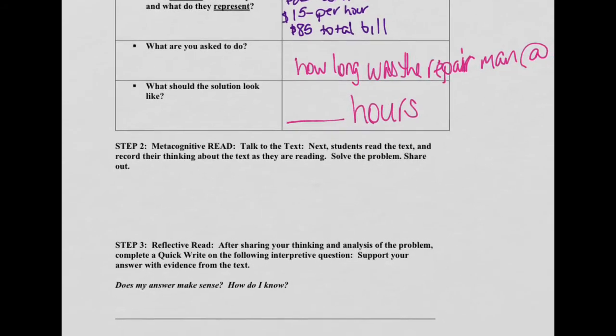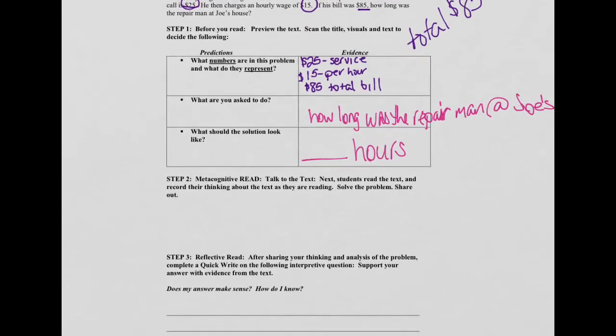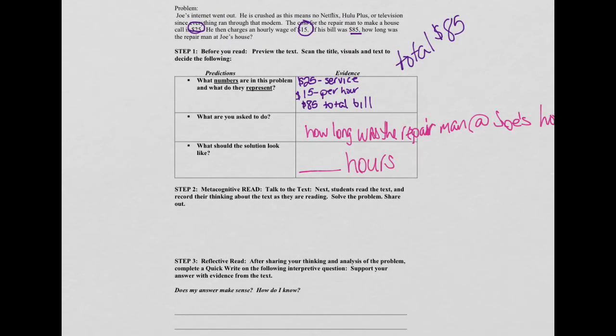Okay, so I need to create an equation. Well, I know if my total money being spent is $85, whatever it is going to equal $85. Then I have to look at my other two numbers. A service fee. Is a service fee something that's charged every hour? Or is a service fee something that is charged once?